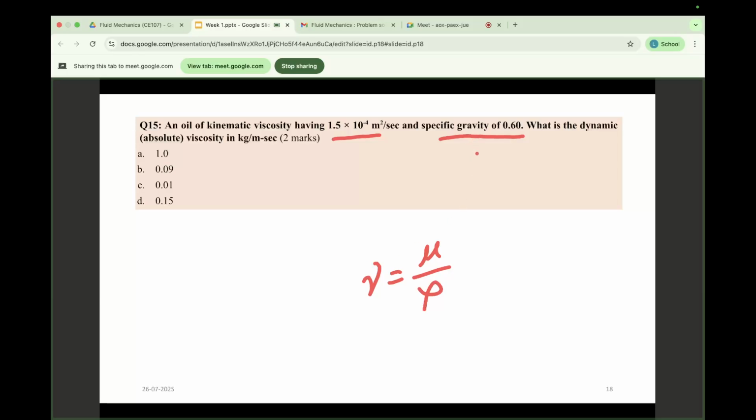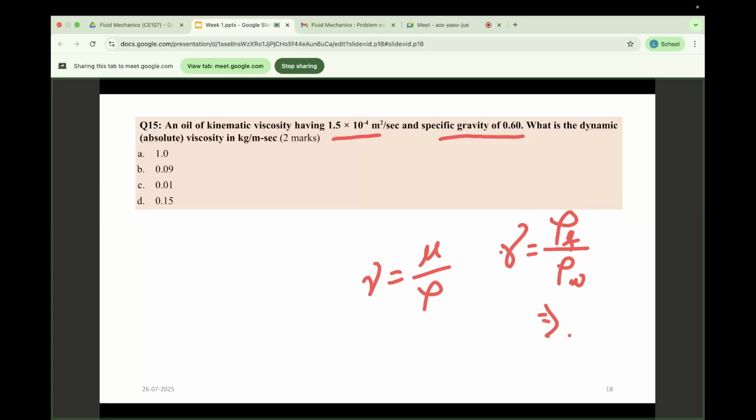So the specific gravity is given. So we know if they say specific gravity, this one represents this one. So specific gravity is the density of what? Say density of any fluid F by density of water.